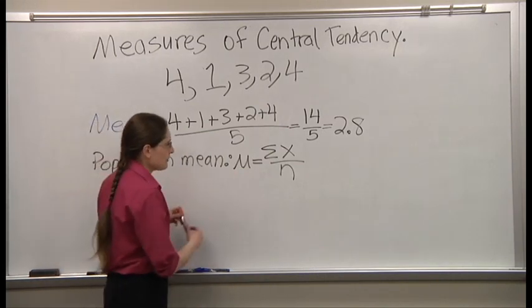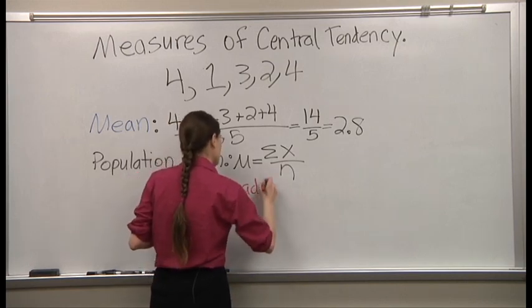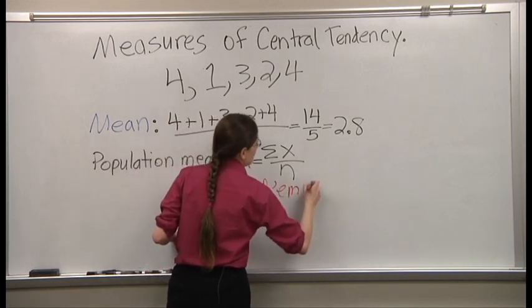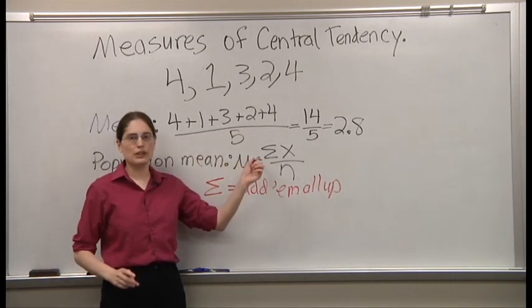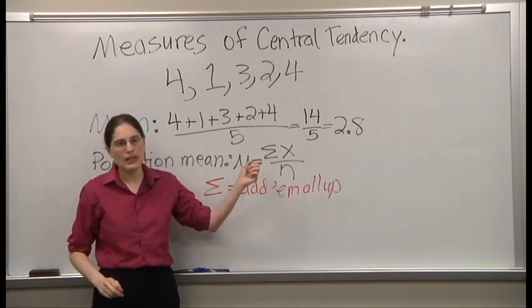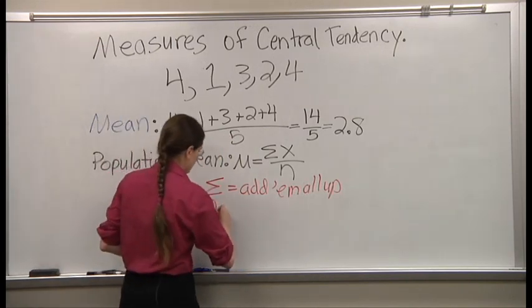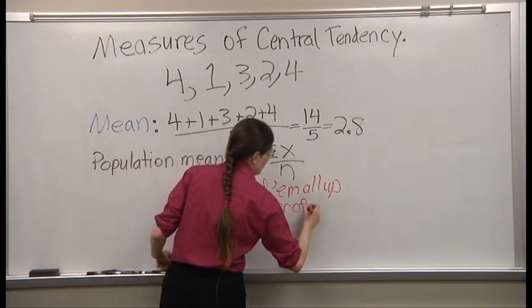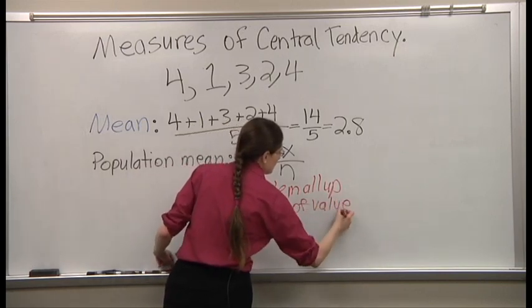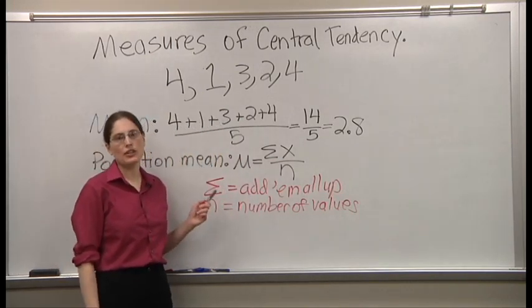This guy here is the Greek letter sigma, and it means add them all up. And n is the number of values that you have.